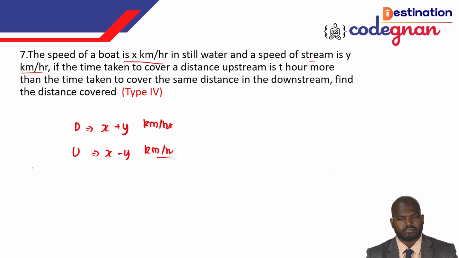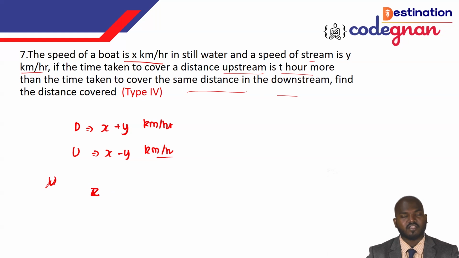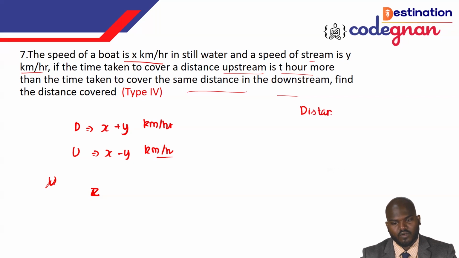They are saying the time taken to cover the distance upstream is t hours more than the time to cover the same distance downstream. So I can take it as t. I'm not taking z, I'm taking some other variable. I can use the value x, the distance covered, so I call it x.